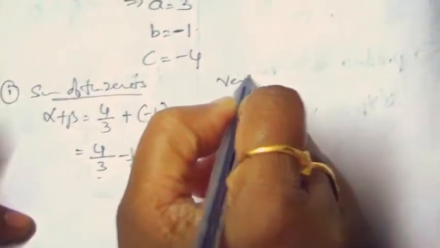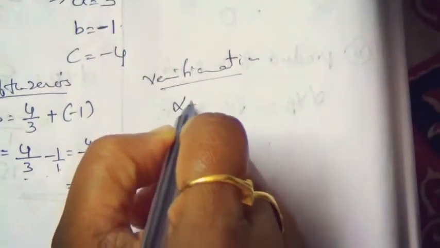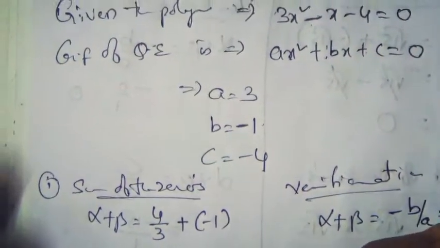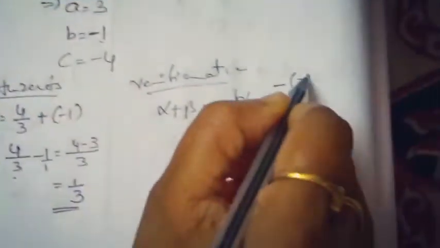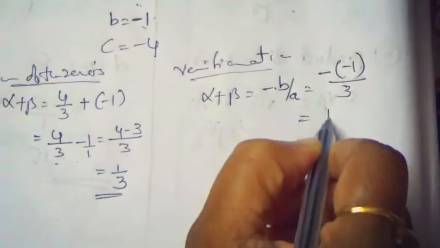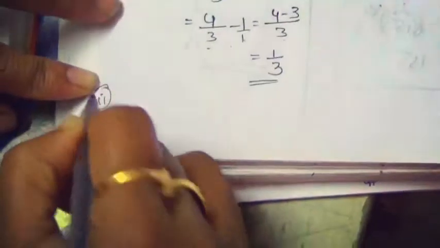So by the verification, what is the formula of this alpha plus beta? That is equal to minus b by a, that is minus of b value, minus 1, by a value 3, minus of minus is plus 1 by 3. Same answer you will get by the verification also.